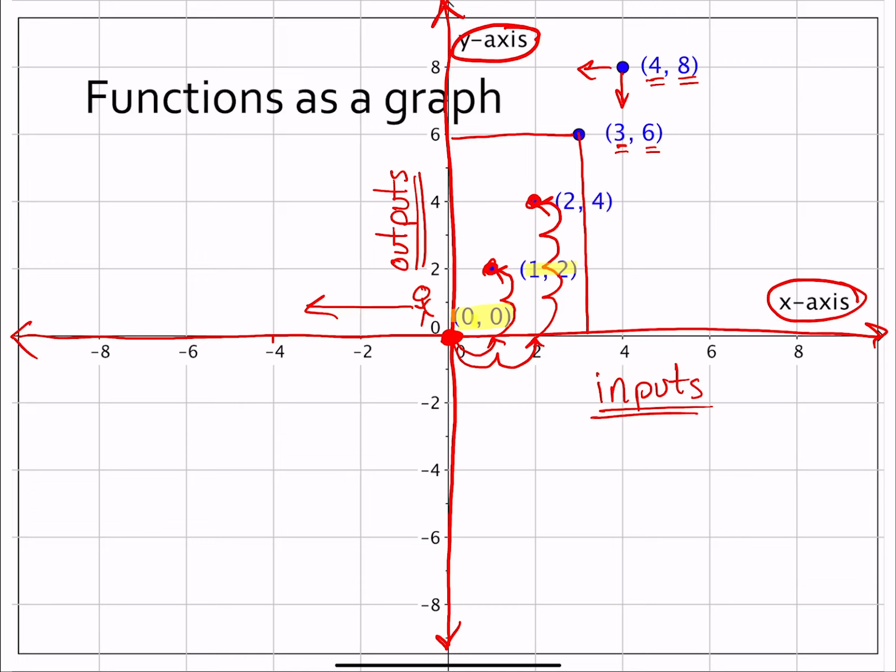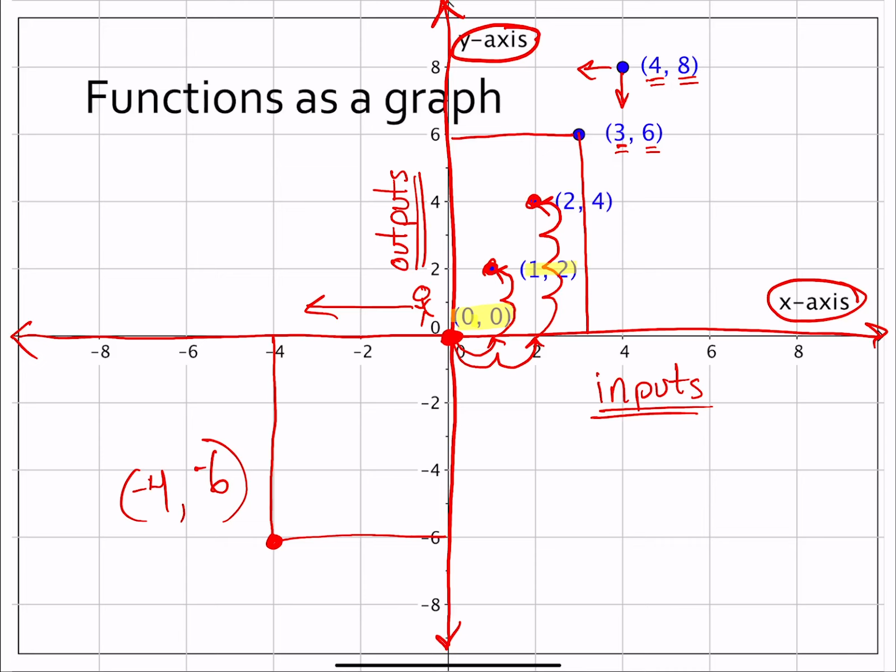Our ordered pair was -4, comma, -6, right? So we're at -4. We march down to -6, and we get this point right here. You don't have to draw the lines. I find drawing the lines to be helpful, especially when you start off, because it gives you an idea to make sure you're in the right place.